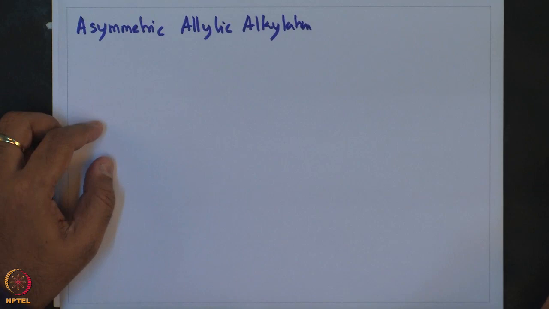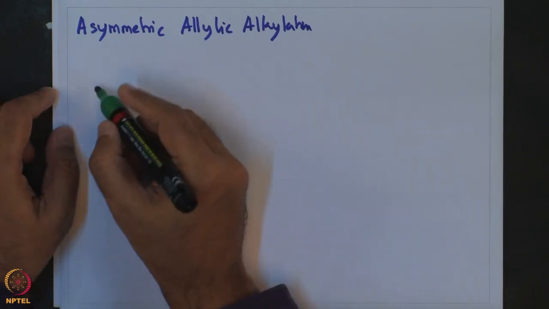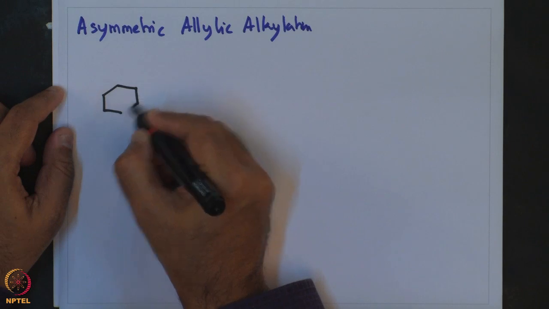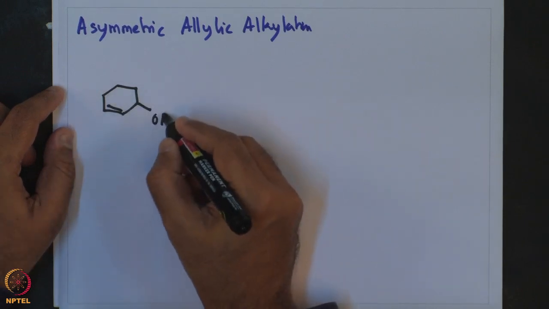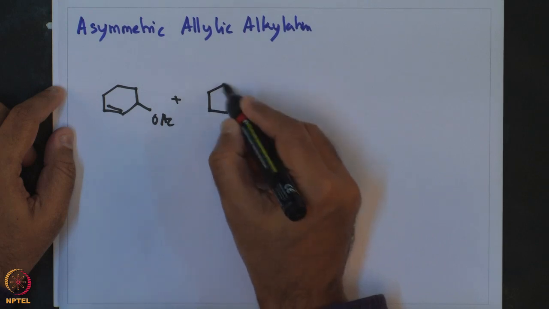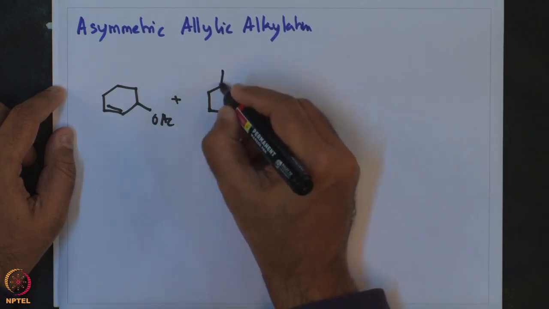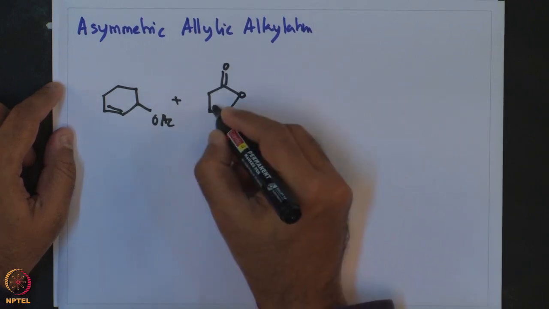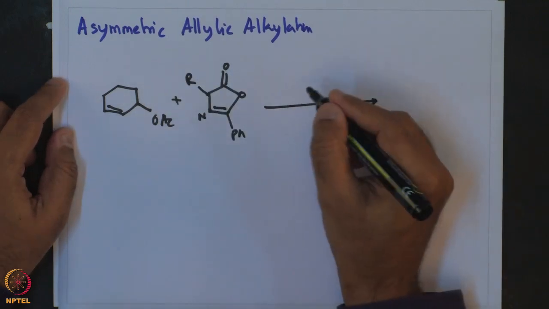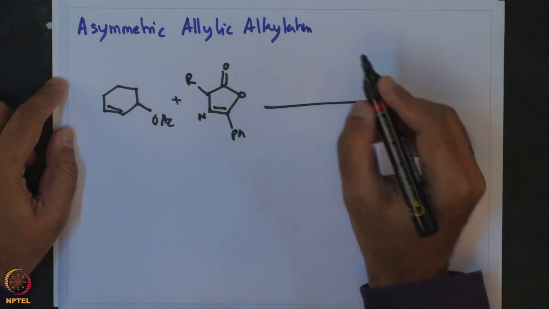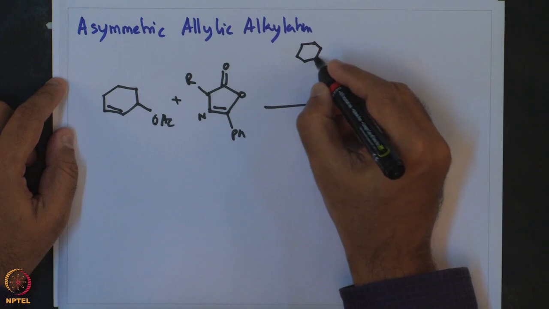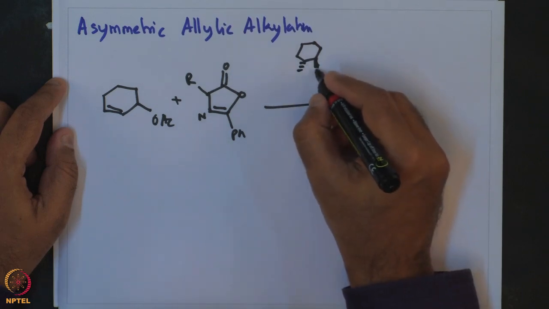In this case there are two compounds, one is as shown over here, OAc, reacting with the lactone substituted compound, and it uses a big chiral catalyst shown over here.